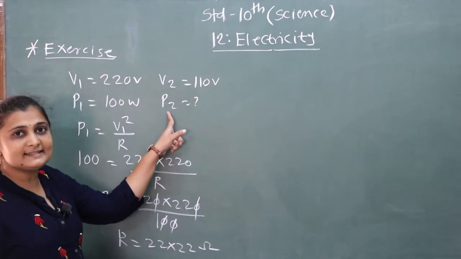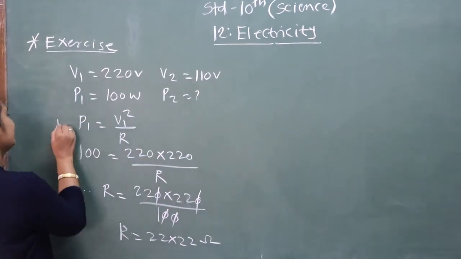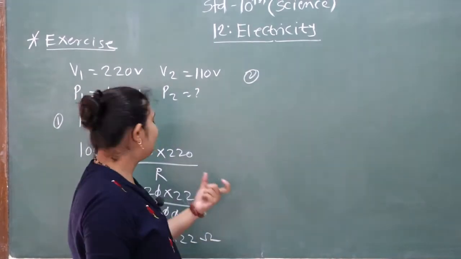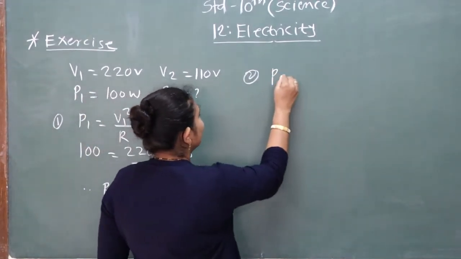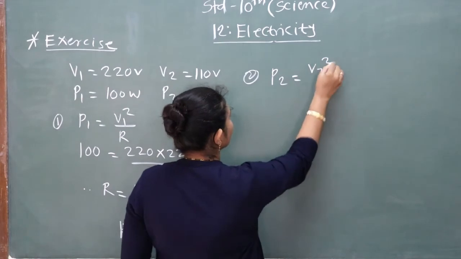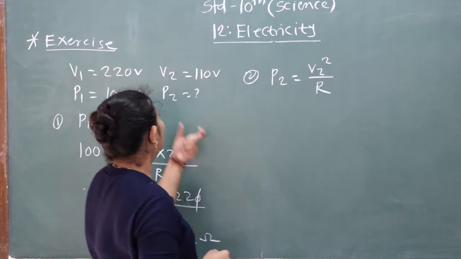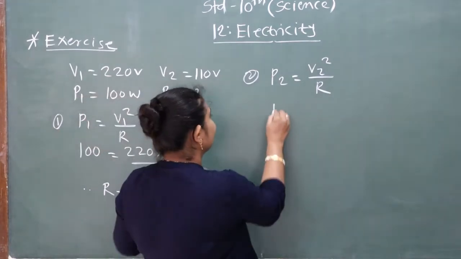Now for case 2, this was for case 1. For case 2, again we use the same formula. P2 is equal to V2 square by R. The value of R is the same. Now we calculate P2 here.